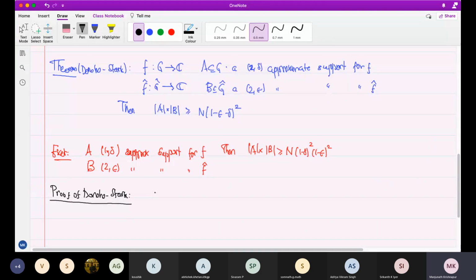Let's do this. We introduce some operators, because it's convenient to write in terms of those. Let P_A be the restriction of f to A. In other words, P_A f is f times the indicator of A. We just restrict f to A and put it equal to 0 elsewhere.